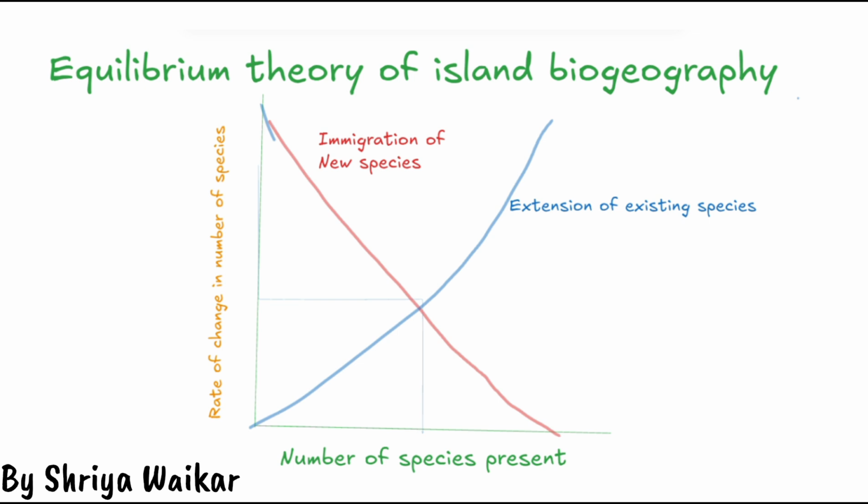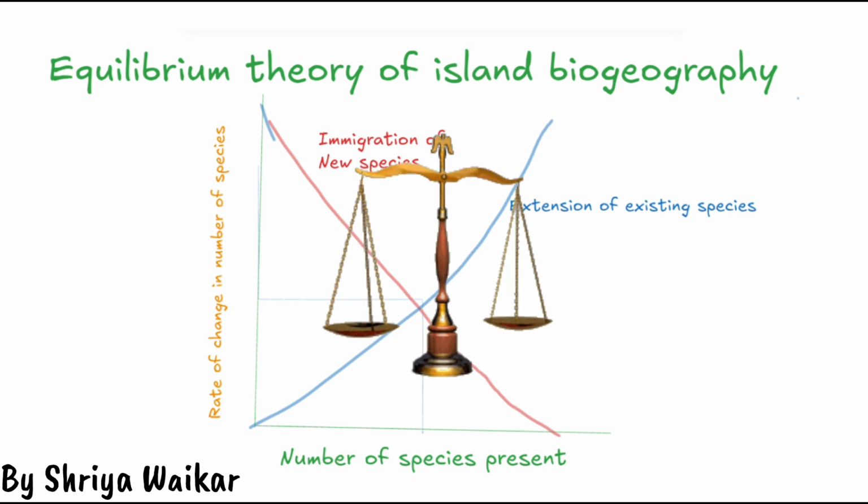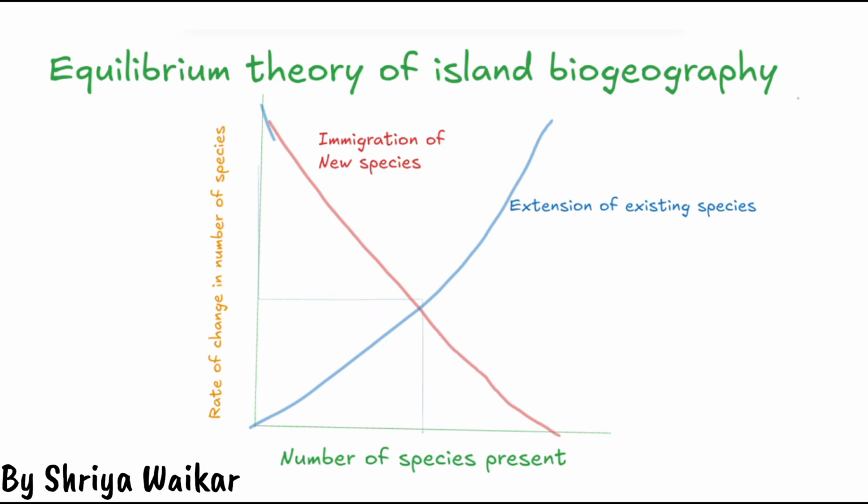So the equilibrium number of species represents a balance between the immigration of new species and extinction of existing species. According to the theory, the immigration rate declines as species richness increases, with the extinction rate increasing.